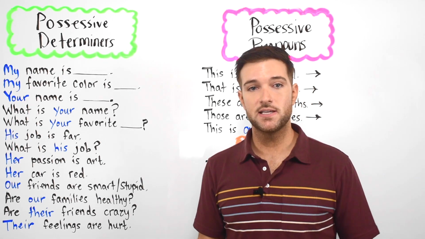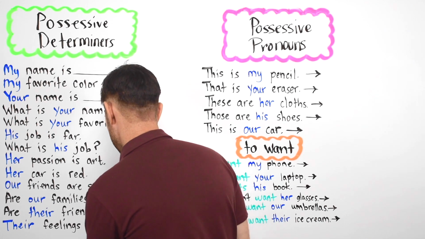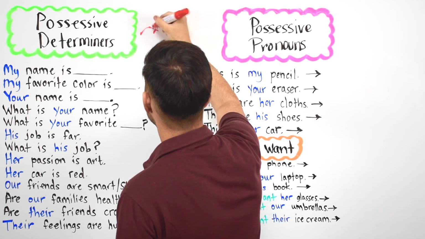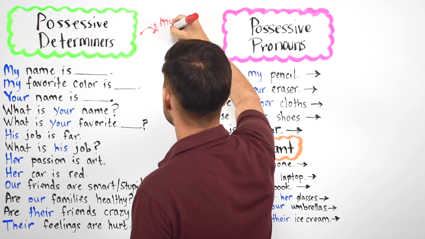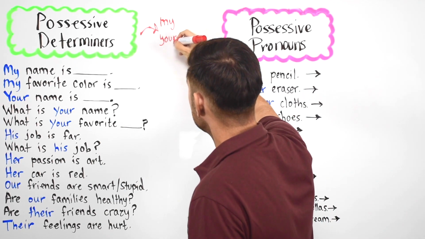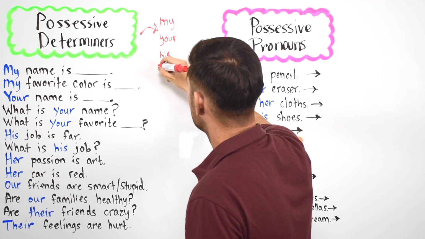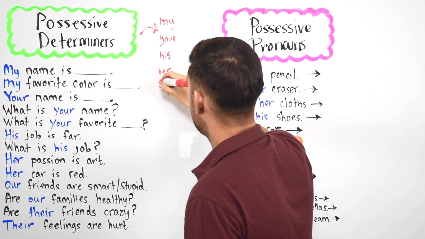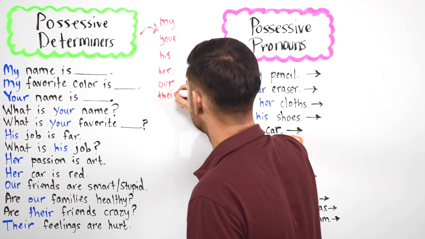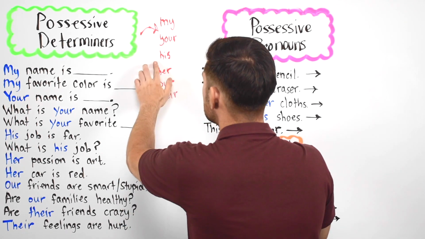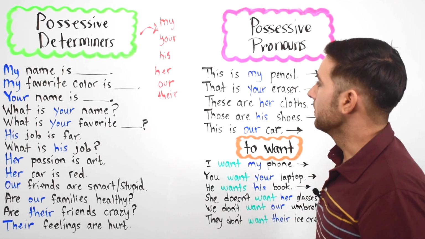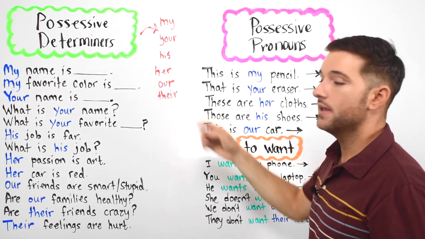First, let's take a look at the possessive determiners. I'll write them here on the board. Now, the possessive determiners are, first we have my, okay? So my, then we have your, and then we have his, her, our, and their, okay? I'll make this a bigger H. So my, your, his, her, our, and their.